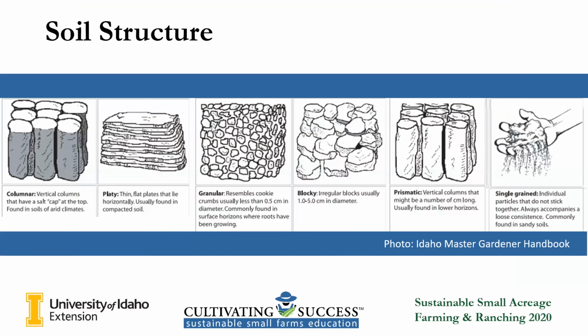Soil structure is then the arrangement of the soil particles or aggregates. Soil structure is the aggregation of the sand, silt, and clay into shapes with distinct sizes and strengths, as seen in the images on this slide.